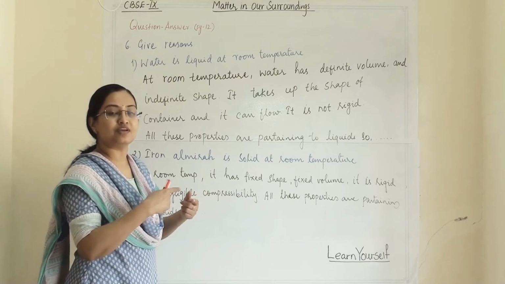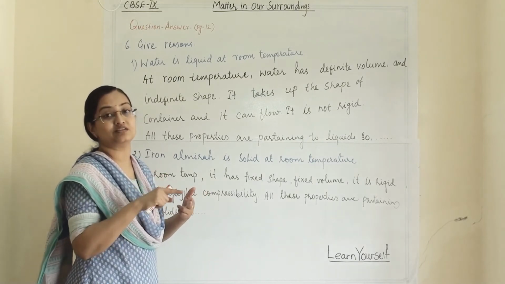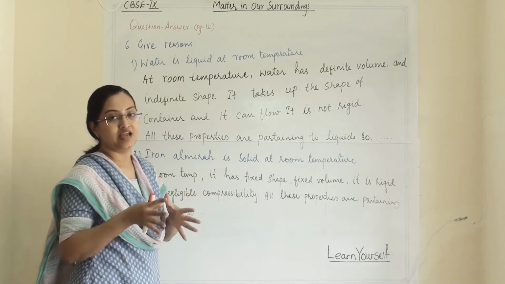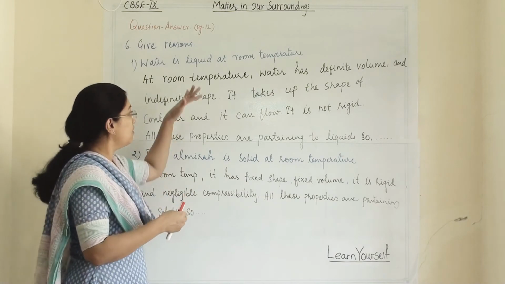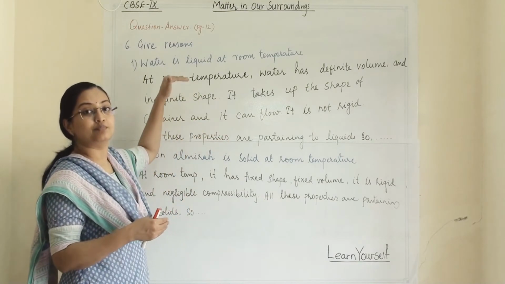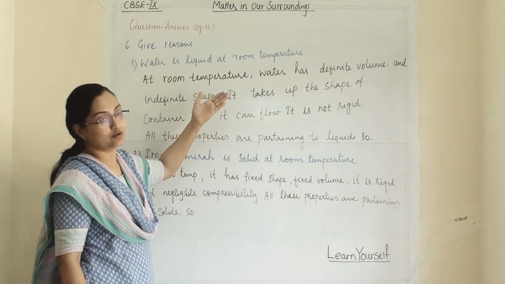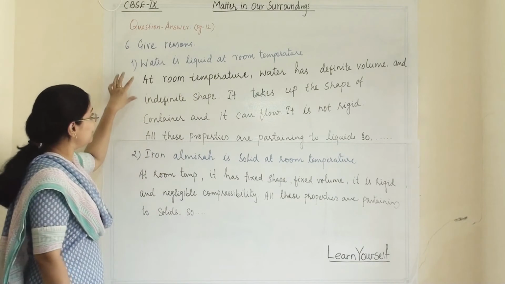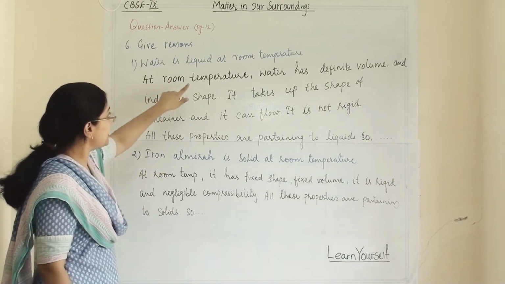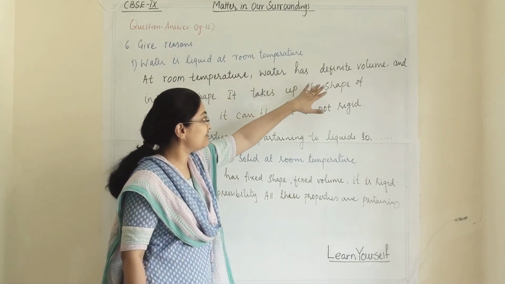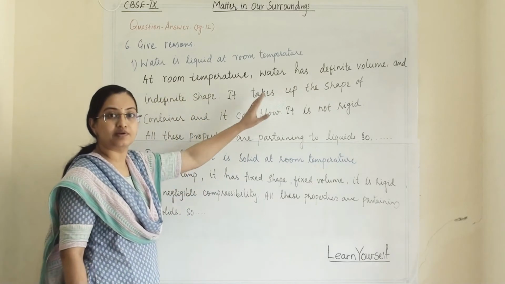So for that we have to note down all the characteristic properties of liquid state, and then we have to say that all these properties water will possess at room temperature. So that's why water is liquid. So I have written it like this, that at room temperature water has definite volume. I have written all the properties in a sentence.